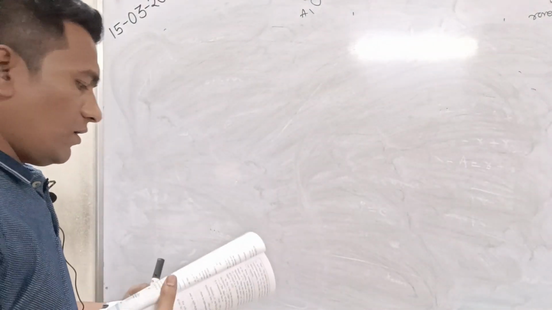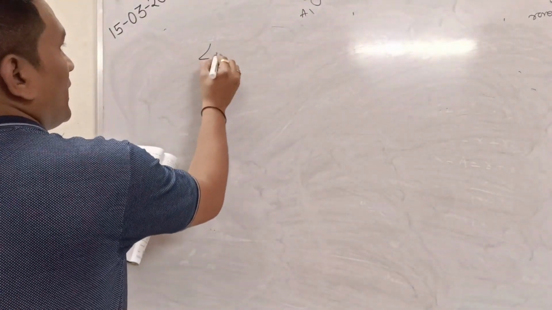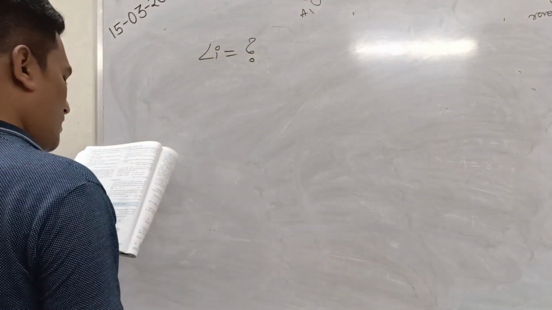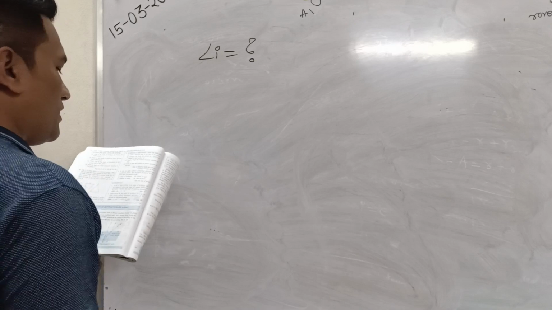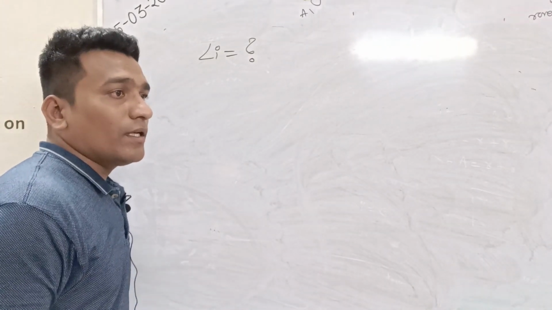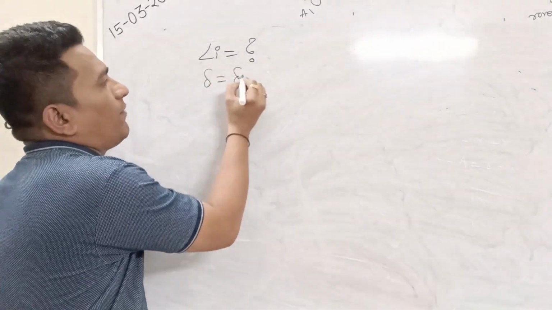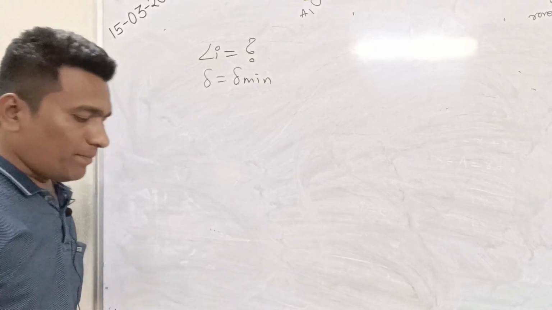Okay, so there is one numerical we'll see. What should be the angle of incidence for a ray of light which suffers minimum deviation of 36 degrees through an equilateral prism? Please listen to the question.